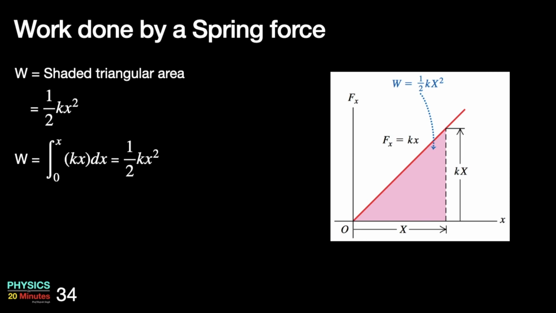Going ahead, what is the work done when the body is moving along a curved path? So the body is moving from P1 to P2 along a curved path, and the force may be in an arbitrary direction. So how do you calculate work in this case? Very straightforward.